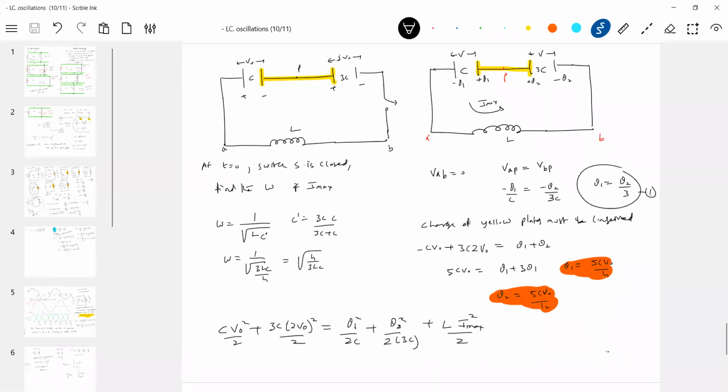The value of I max is showing like this, 3V0 by 2. This much of answer is given. Verify this.